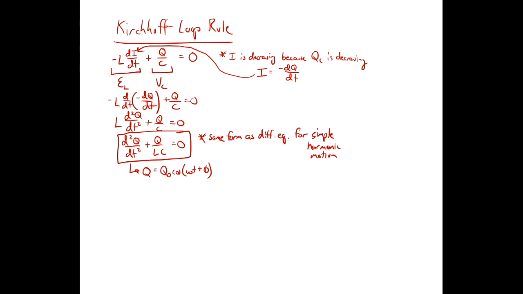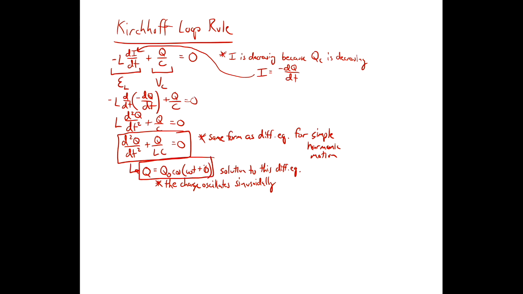We're going to do a few things with the solution. The first thing that you should note is that the charge oscillates sinusoidally. Let's go back to the previous slide.